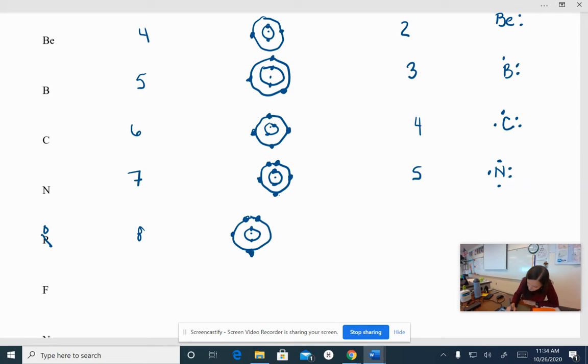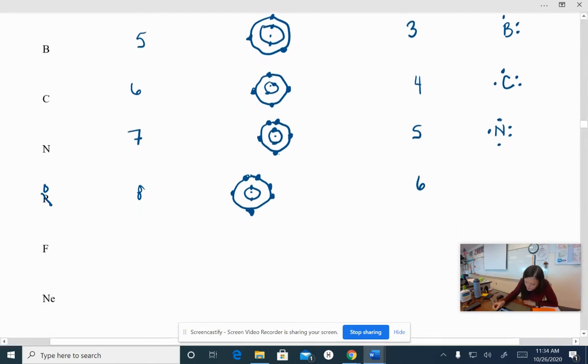I need to make these big so you can see them. So on that outer energy level, I'm going to have 6 electrons. And this will give me, for my dot picture for oxygen, 1, 2, 3, 4, 5, 6 electrons in the dot picture to show me what is on the valence.